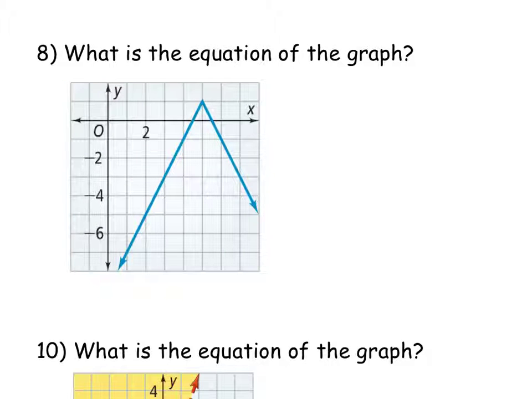Number 8, we want to know what is the equation of this graph. Again, what type of function do we have? Absolute value. So we need to write that equation: y equals a times the absolute value of x minus h, plus k. Where's our vertex?